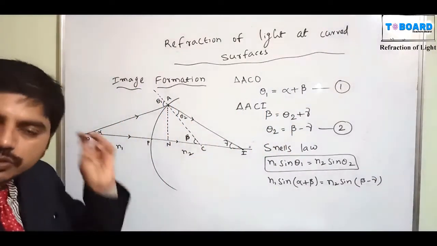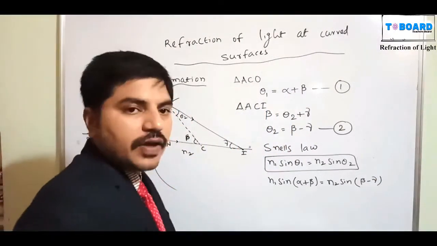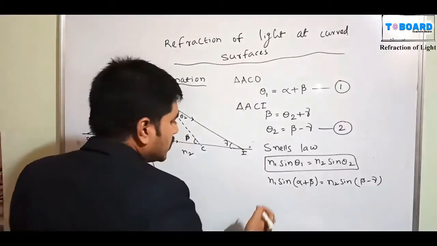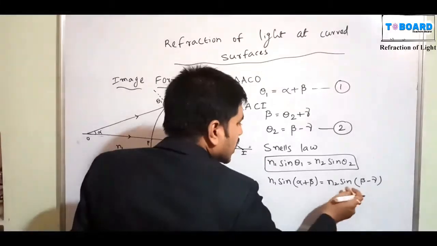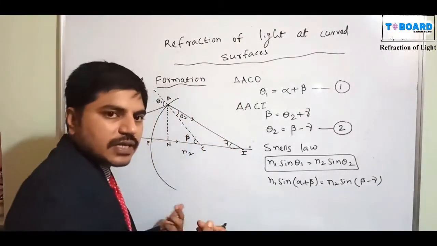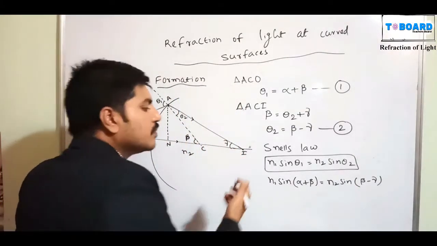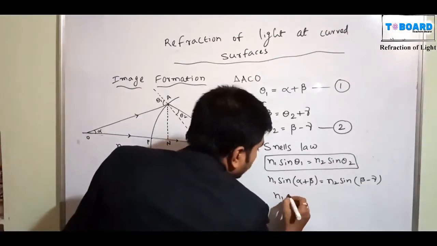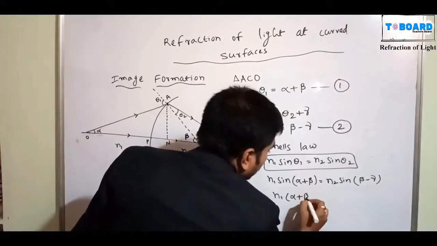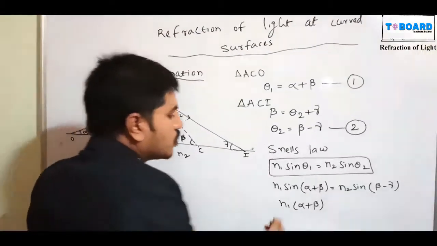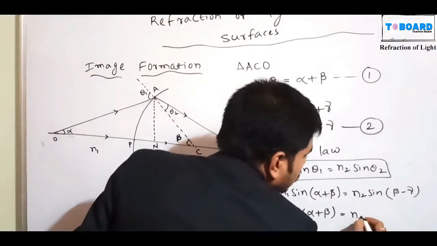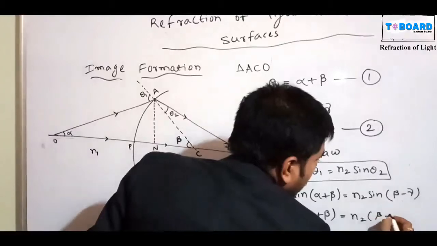Okay, I am going to omit the sine on both sides. Then N1 times alpha plus beta is equal to N2 times beta minus gamma.